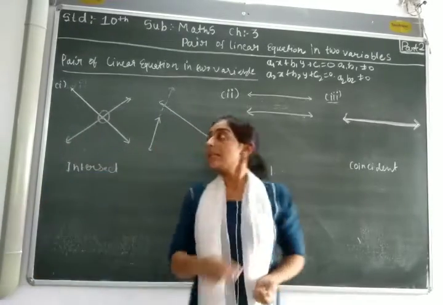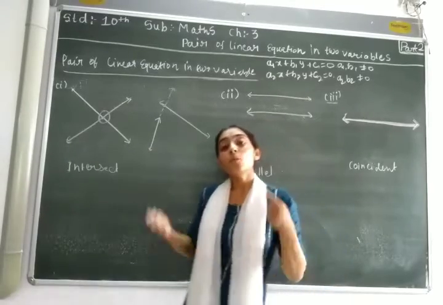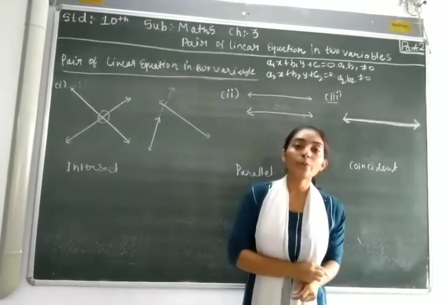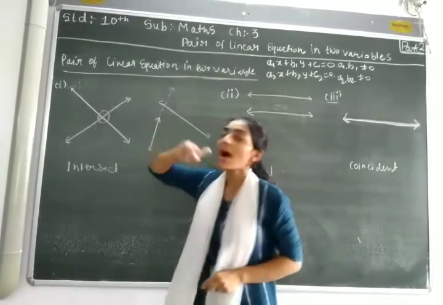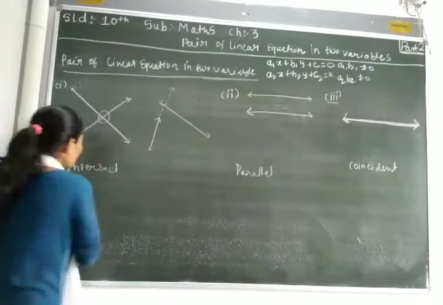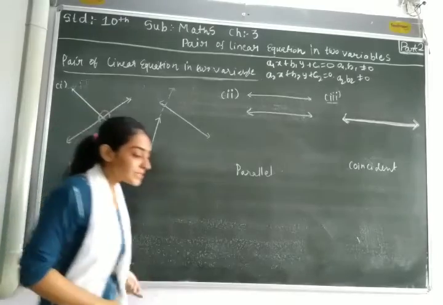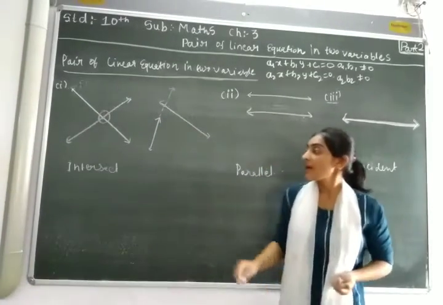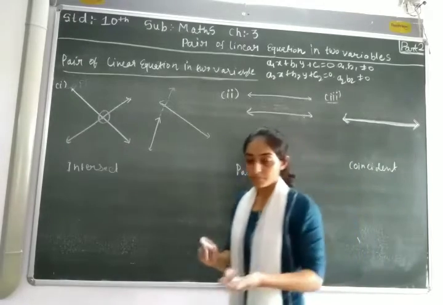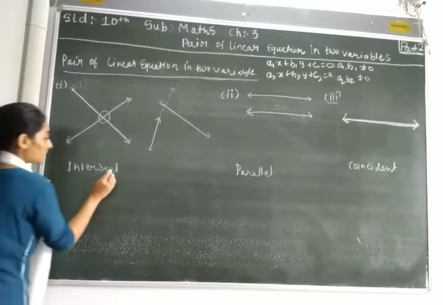It means this common point, the value of x and y, is satisfied by both equations. So there is only one common point. How many solutions are there for intersecting lines? Only one solution.